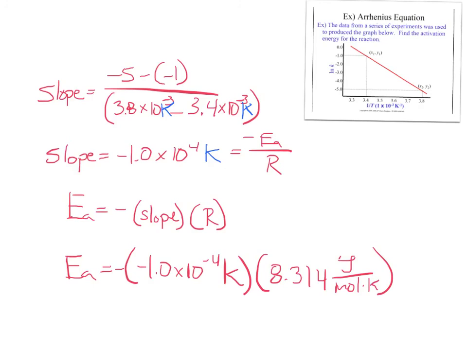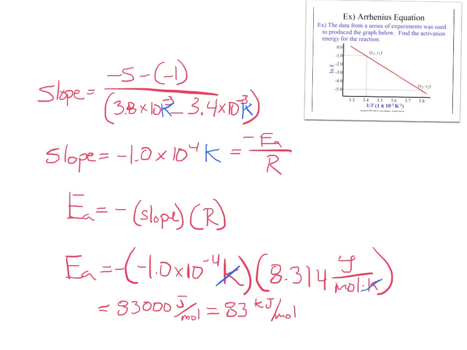And so what would our units be here then? Well, we've got Kelvin canceling out Kelvin, which means we're left with joules per mole. So let's figure that out, and we wind up getting 83,000 joules per mole, which is the same thing as saying 83 kilojoules per mole.